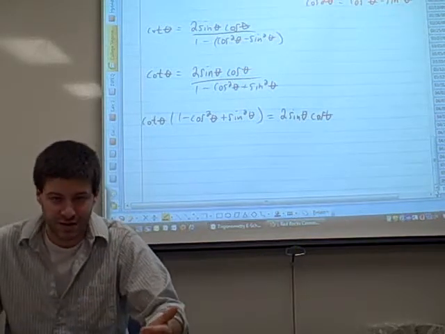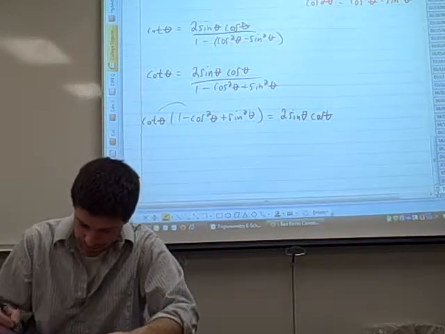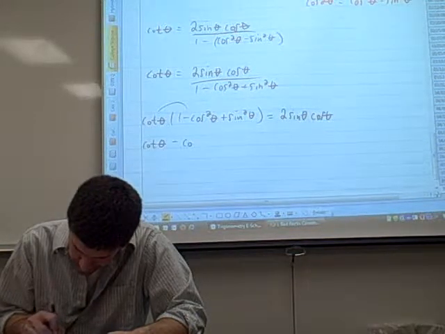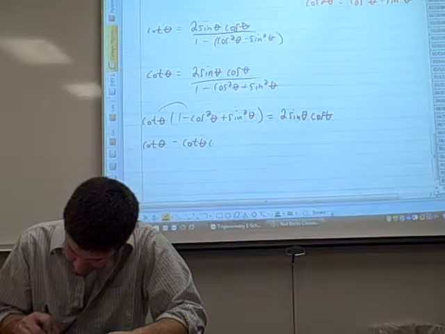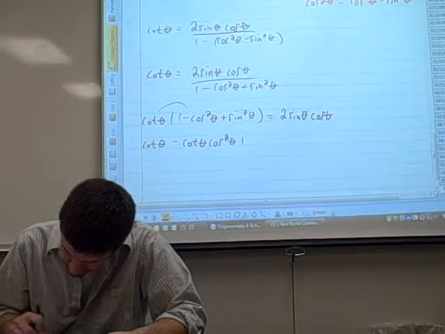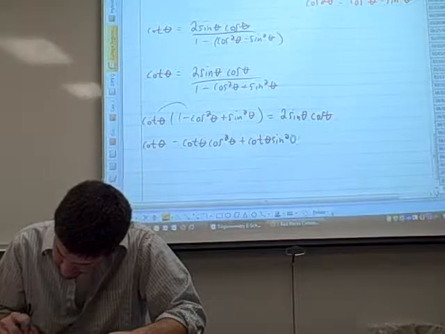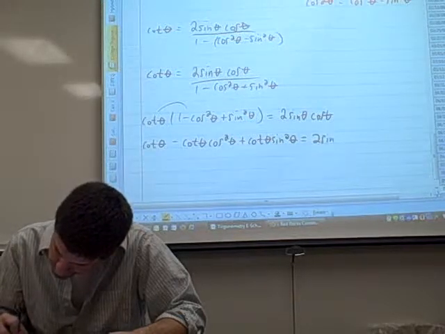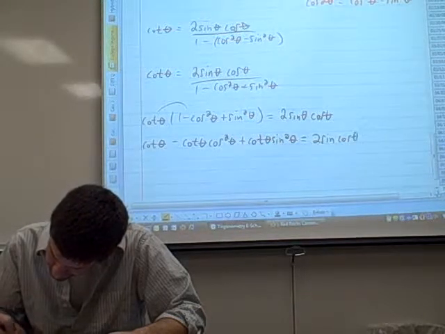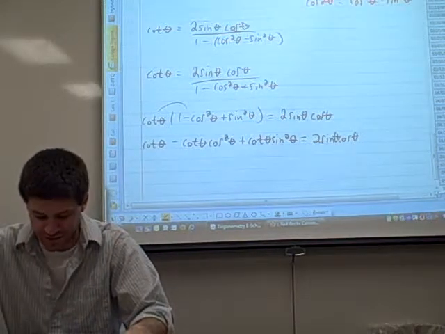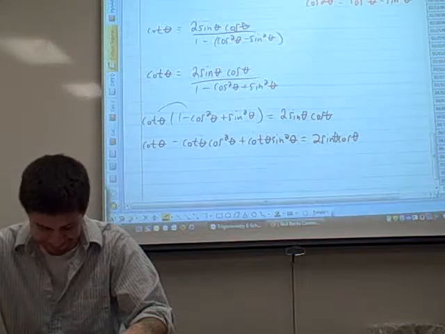Okay, big parenthesis on the left-hand side, I'll distribute. And then somehow the left-hand side and the right-hand side should be equal.